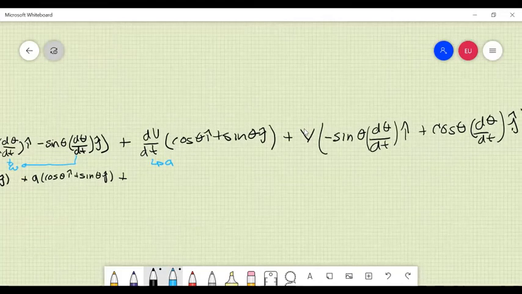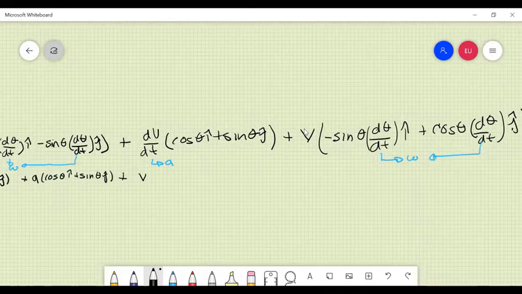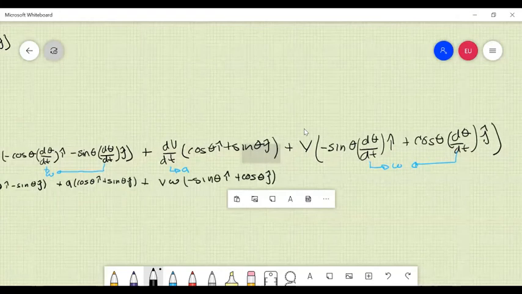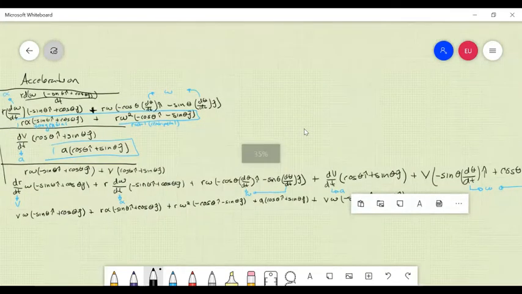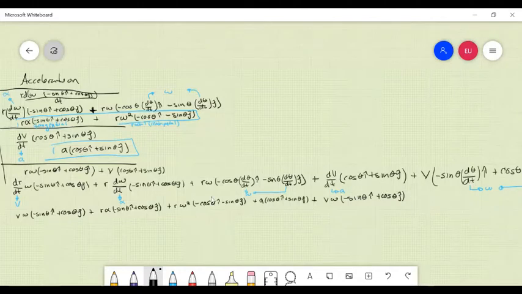You know, this becomes omega, right? So I'll end up having linear velocity omega minus sine plus the cosine, and that's it. All this is the acceleration vector when both of them are changing. Magnitude and orientation.